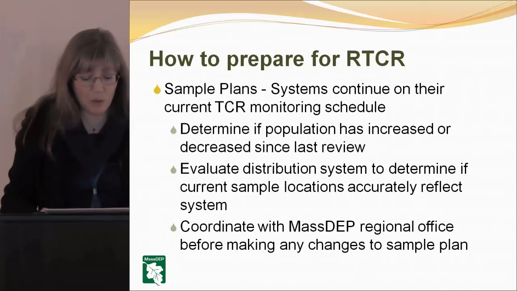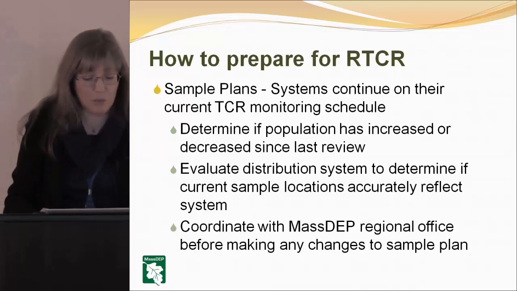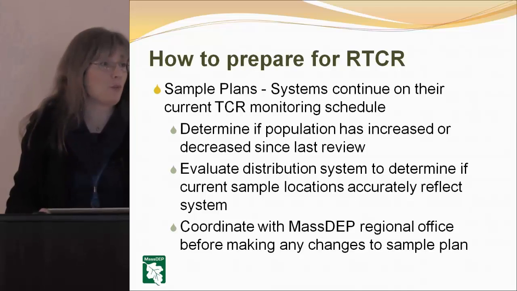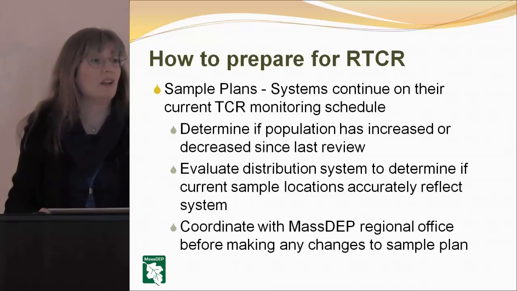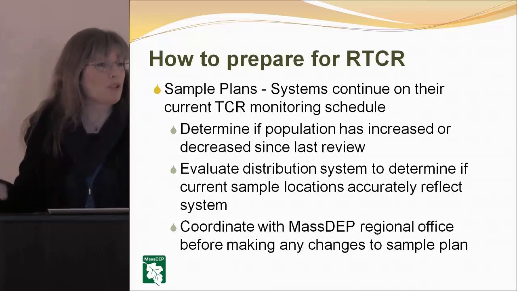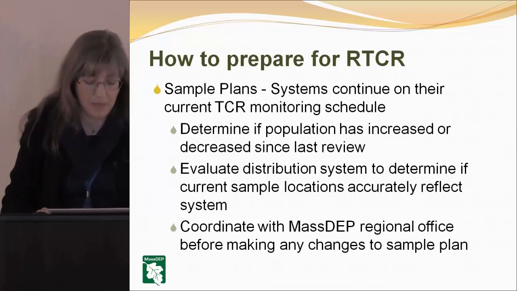You want to be evaluating your distribution system now to determine if your current sample locations accurately reflect your system. If you're a small municipal system and you've had an expansion in one area of your town and previously did not have a total coliform sample location, that should be added so that you're representing your entire distribution system and not leaving out sections of it.